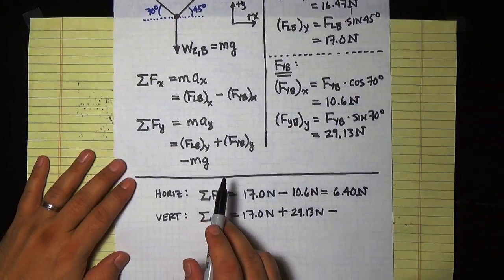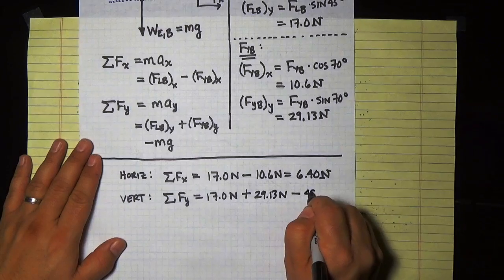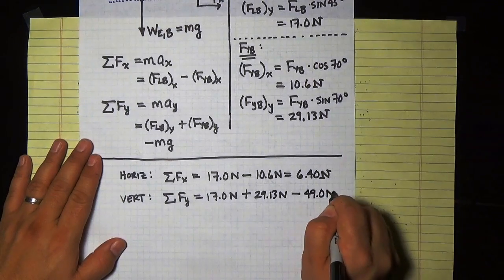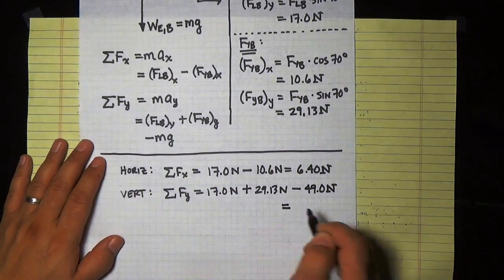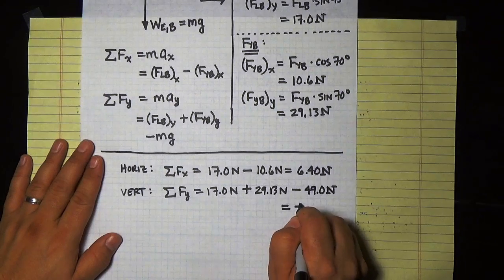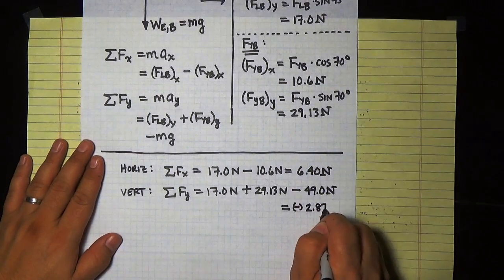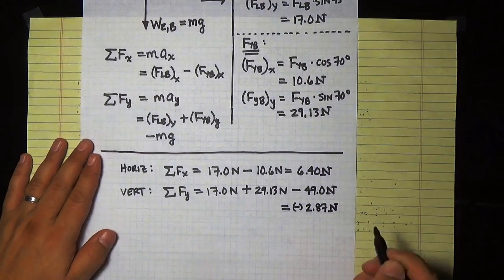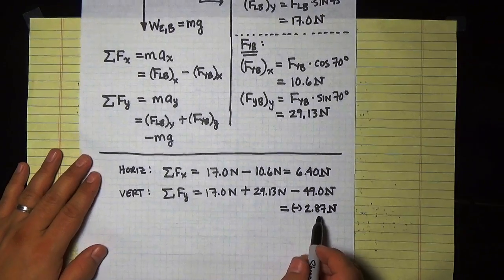The bucket we said was 5 kilograms. If you multiply that by 9.80 meters per second squared, you'll get that that is 49 newtons. And so the sum of the forces in the y direction is overall equal to minus 2.87 newtons. Okay, so the acceleration is in the downward direction.